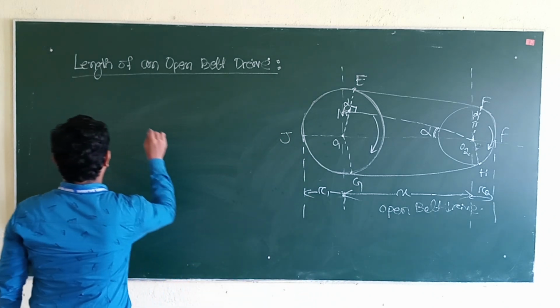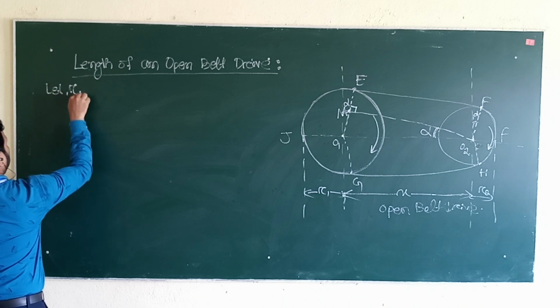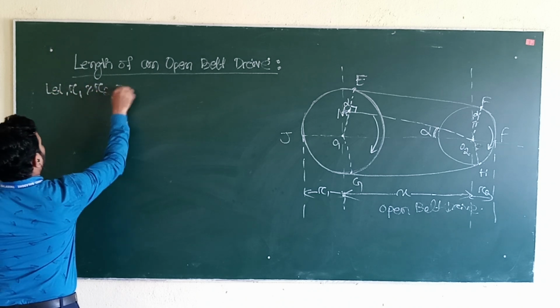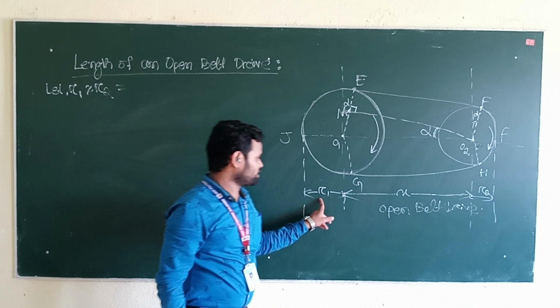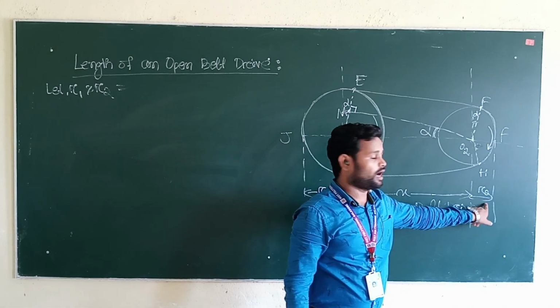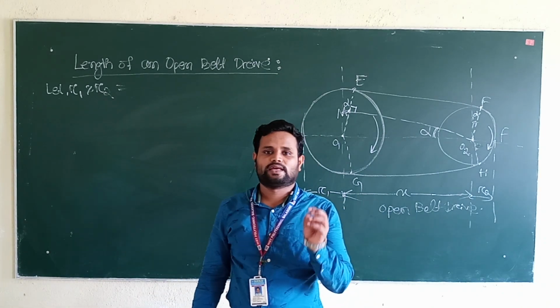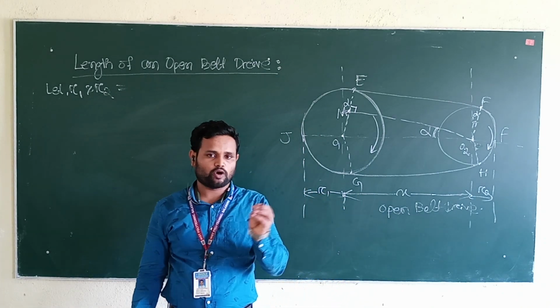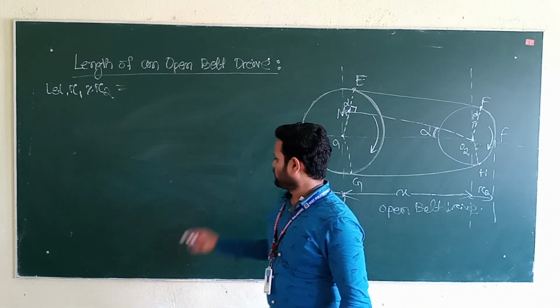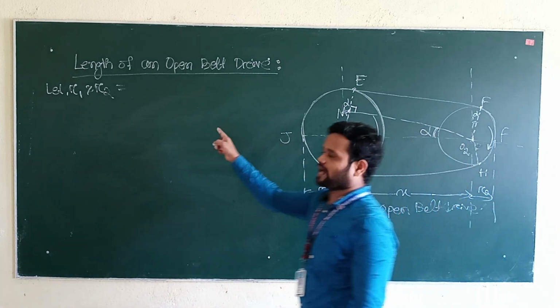Now we will define the unknown terms. R1 is the radius of the larger pulley and R2 is the radius of the smaller pulley. So R1 and R2 are the radii of the larger and smaller pulleys respectively.